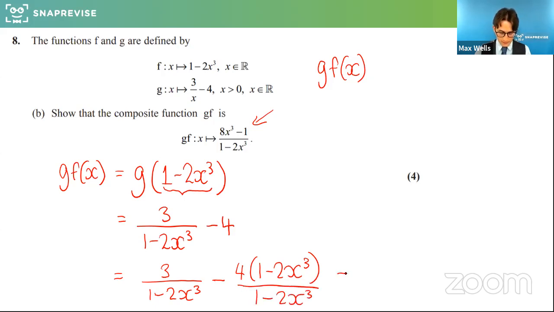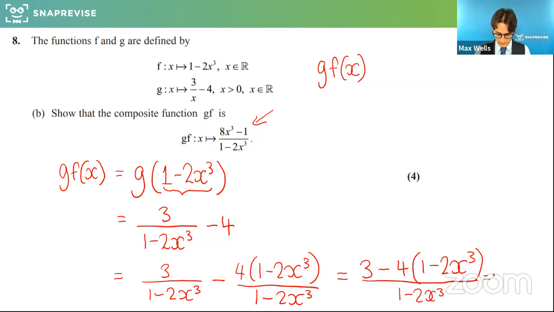That can be written as 3 minus 4 lots of 1 minus 2x cubed, all over that common denominator. And then we get 3 minus 4 is minus 1, and minus 4 times minus 2x cubed is 8x cubed. So we get 8x cubed minus 1 over the thing.